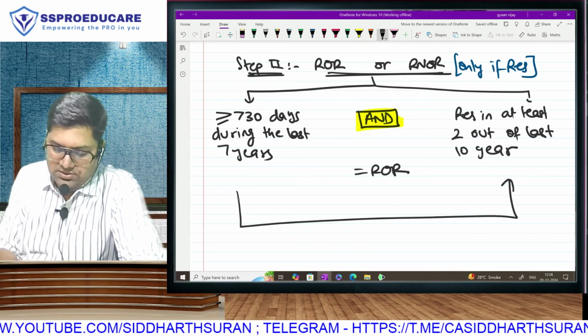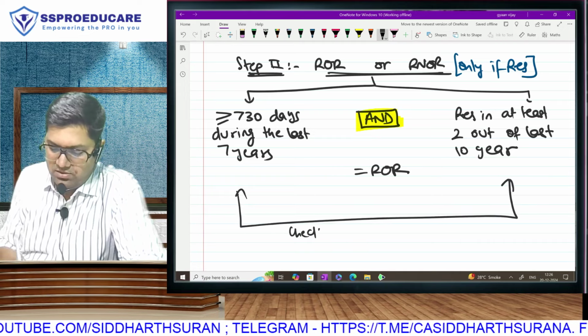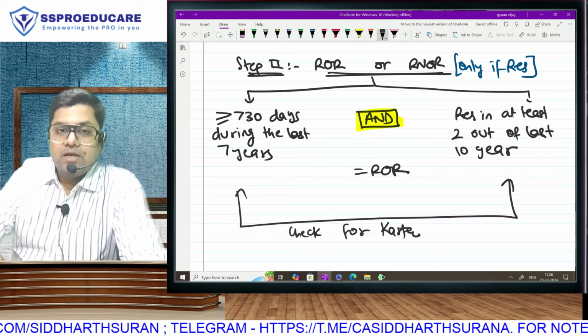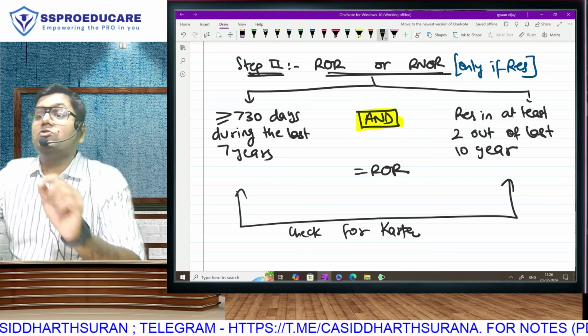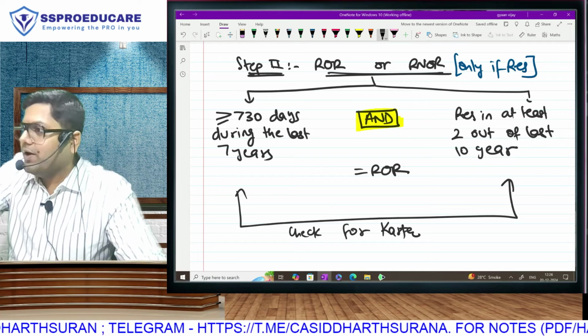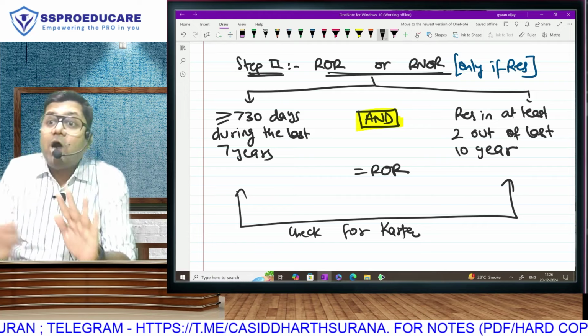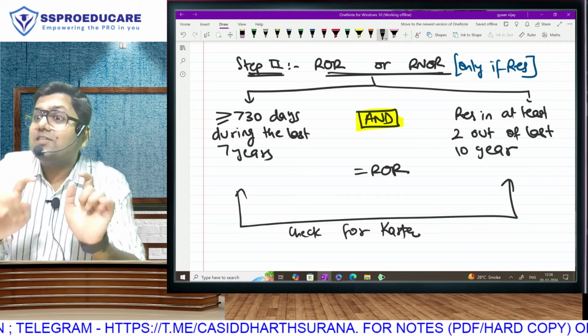These 2 conditions you will have to check for the Karta. Means step 1, you check decision making of the HUF. Even one decision taken in India, HUF has become resident. Now for step 2, go and check Karta stayed.